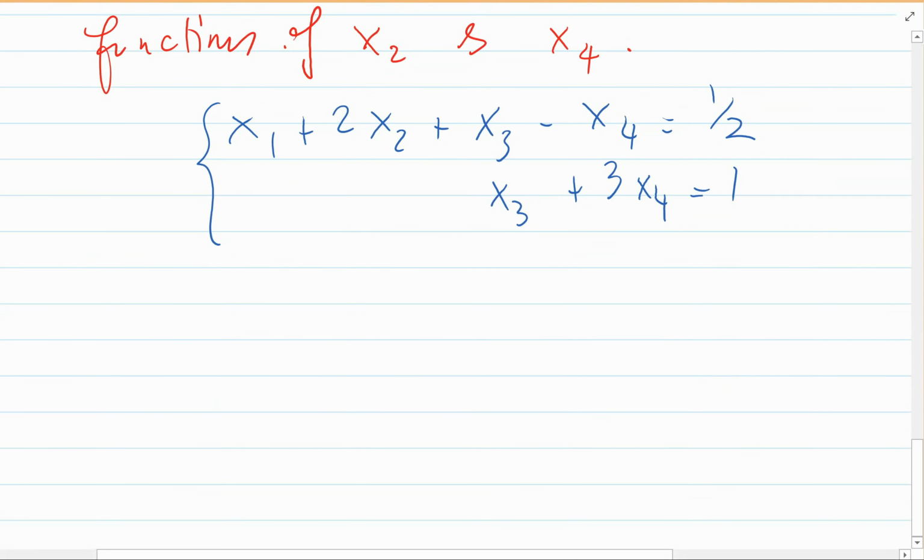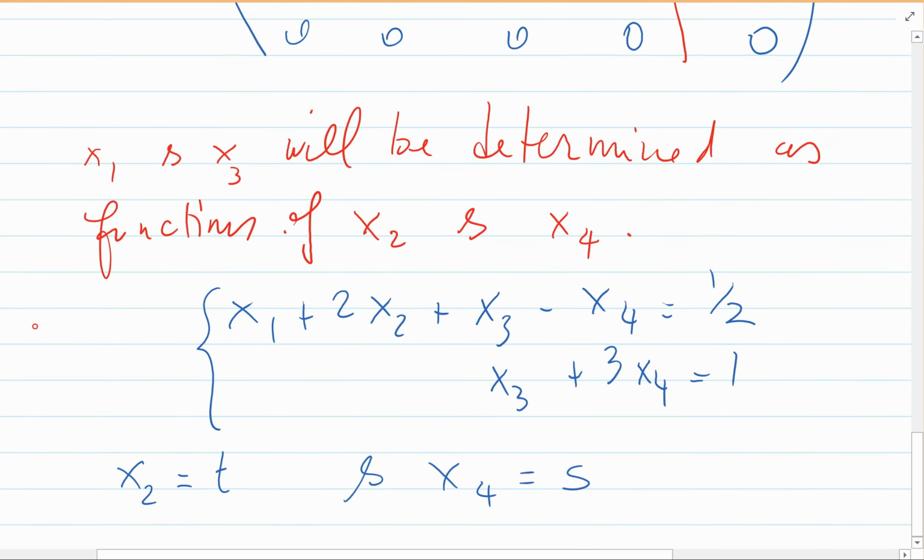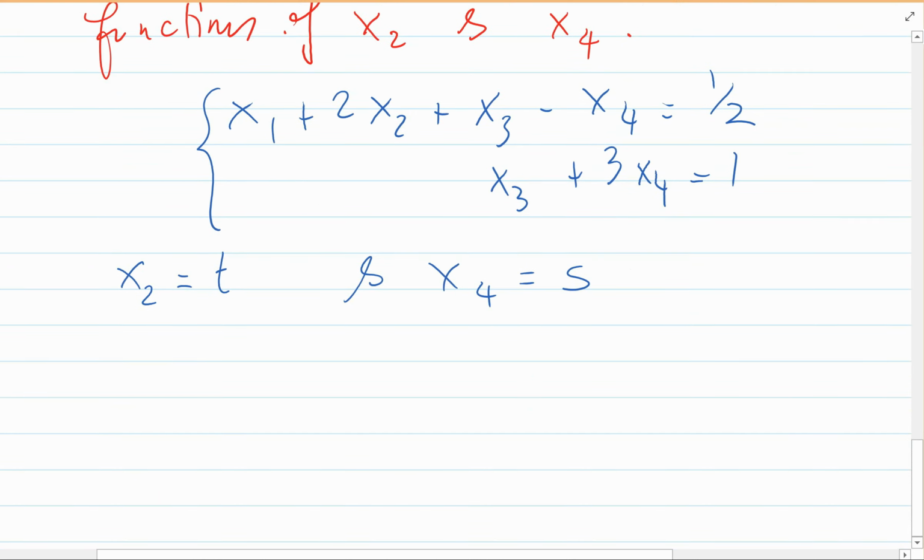Okay, so now we put x2 equals t and x4 equals s, following the discussion. Okay, so now what is x3? x3 is going to be 1 minus 3x4 from the second equation.